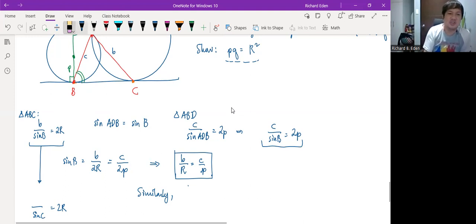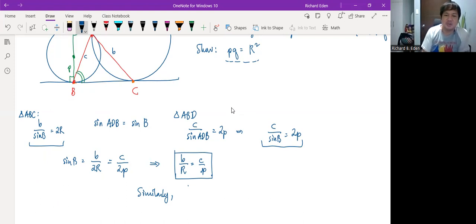Similar to the equation inside the box. Because this is B over big R equals C over P. So what could the similar equation be that we are gonna end up with?